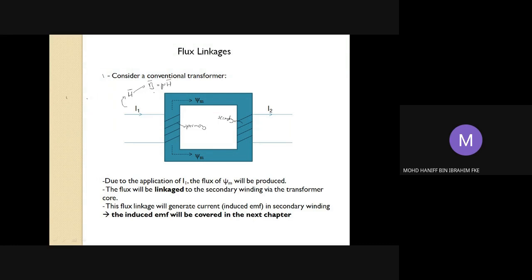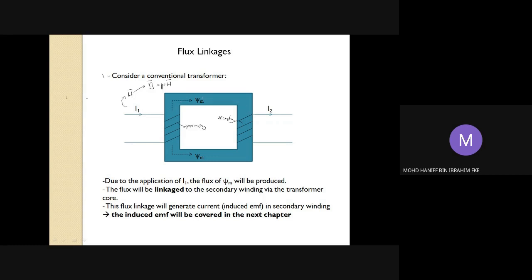And we have learned in magnetic materials before that, depending on the permeability mu of the material, we can produce the amount of flux density that we want. For the case of a transformer, we wish to have a very large mu, because the idea is that you want a big amount of flux to be linked to the secondary winding.